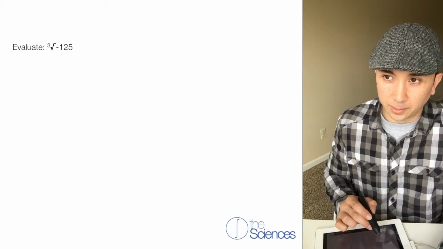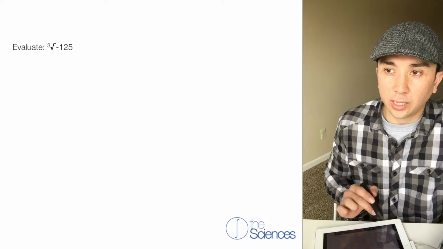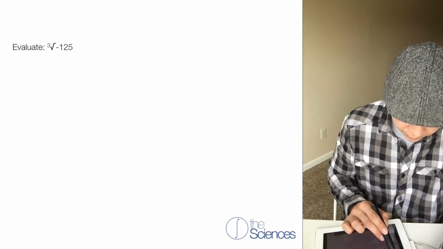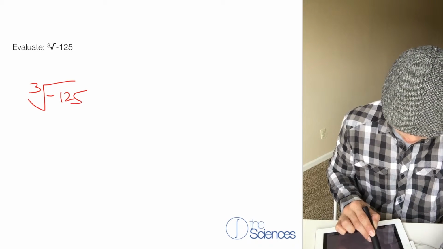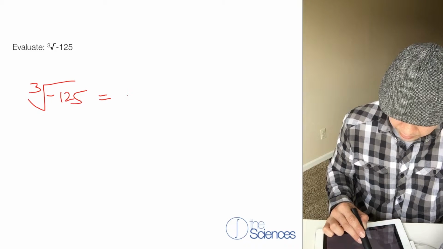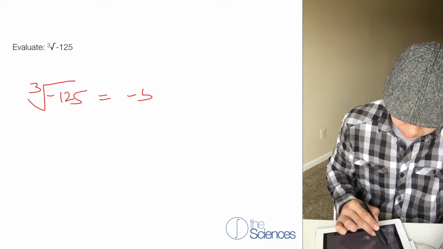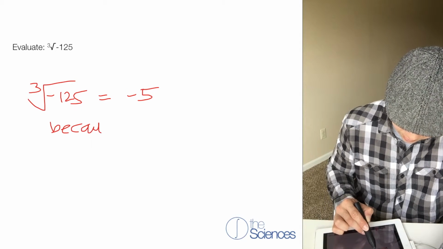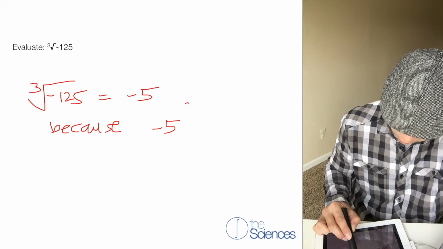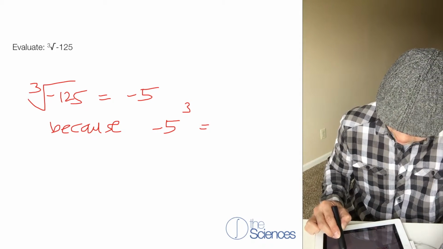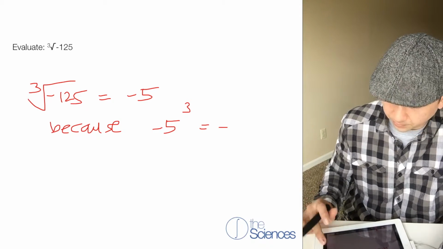Now let's evaluate the third root of negative 125. Well, that's just negative 5, because negative 5 cubed equals negative 125.